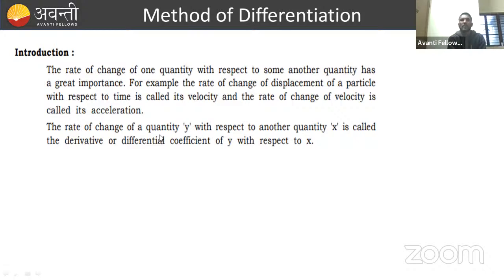In physics, we have seen that the rate of change of displacement with respect to time is called velocity, and the rate of change of velocity with respect to time is called acceleration. So dy by dx, ds by dt, dv by dt, anything you can say, it is differentiation only, right? So this is the introduction part.